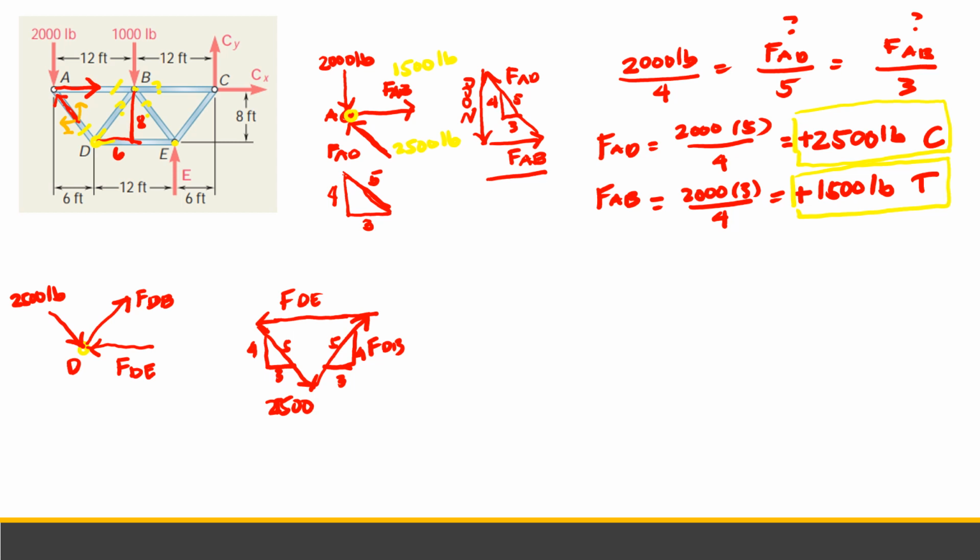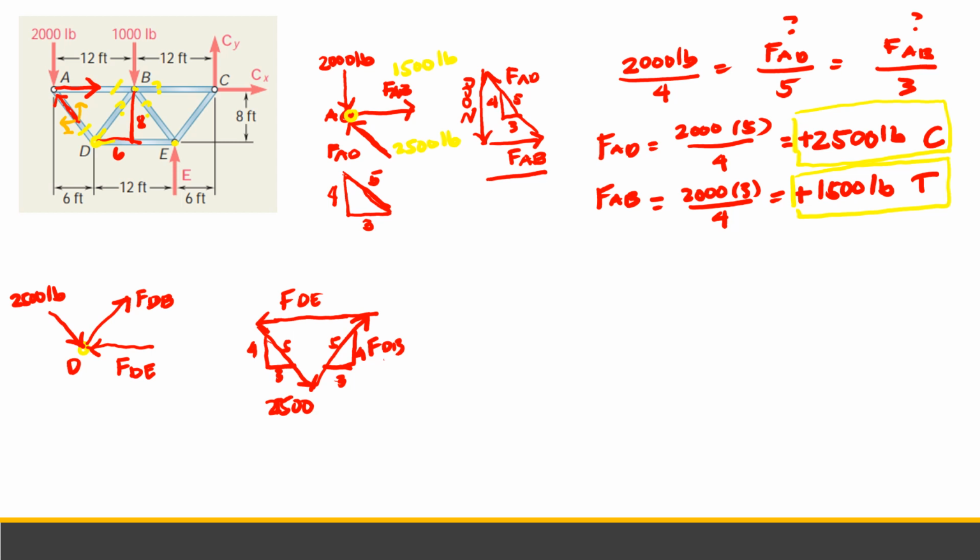Okay, so since the 2,500 pounds of force AD has the same slope as DB, they have the same magnitude but opposite sense.